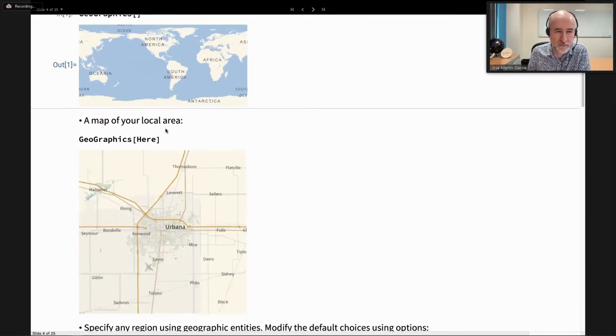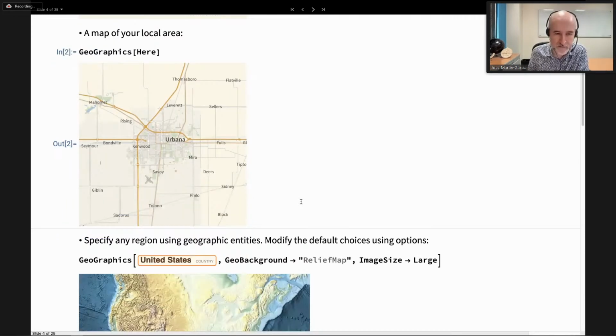If you want a map of your local area, you can just do this, GeoGraphics of here. Wolfram Language knows where you are using GeoIP location, and so it shows, in our case, a map of the area of Urbana-Champaign with a radius of about 10 miles. So the distance from here to the border would be about 10 miles.